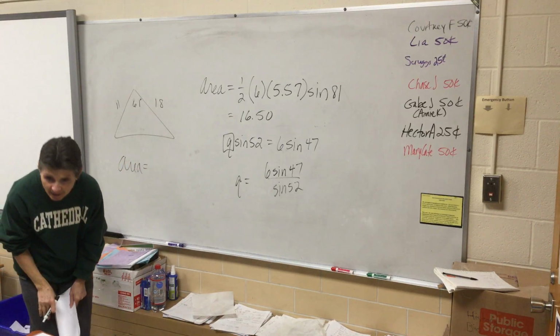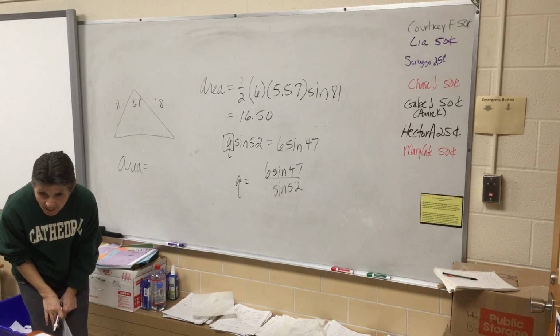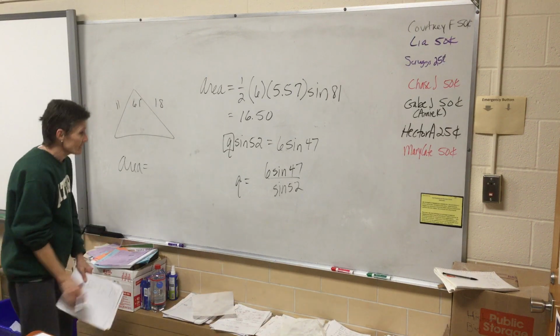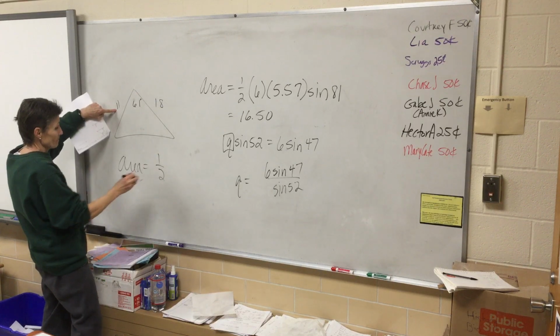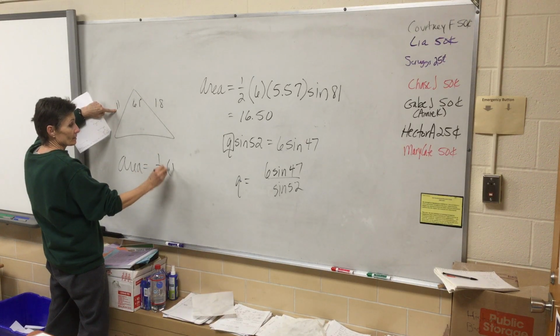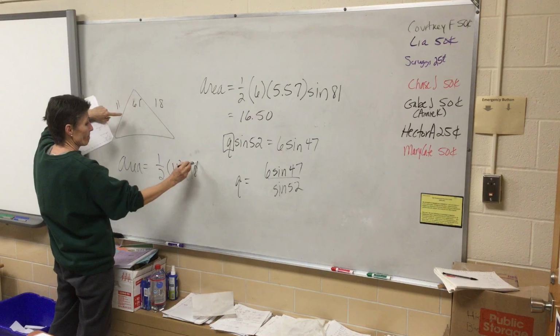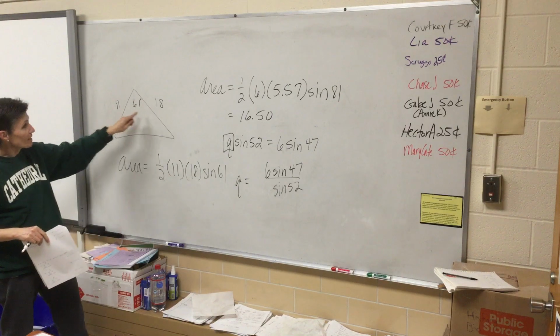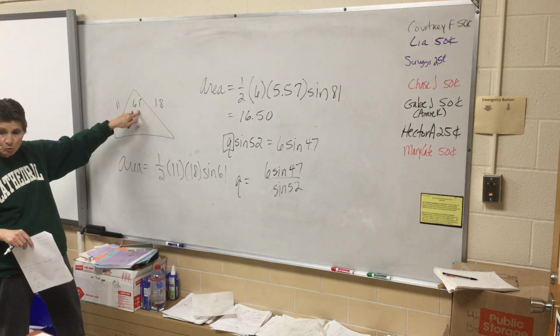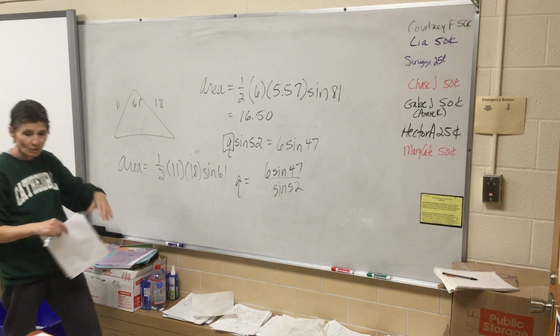And isn't this one ready to go right now? What's the area of this triangle? 1/2 times 11 times 18 times sine 61. Perfect. Kids, when you have 2 sides and the angle in between, boom, you have your area.